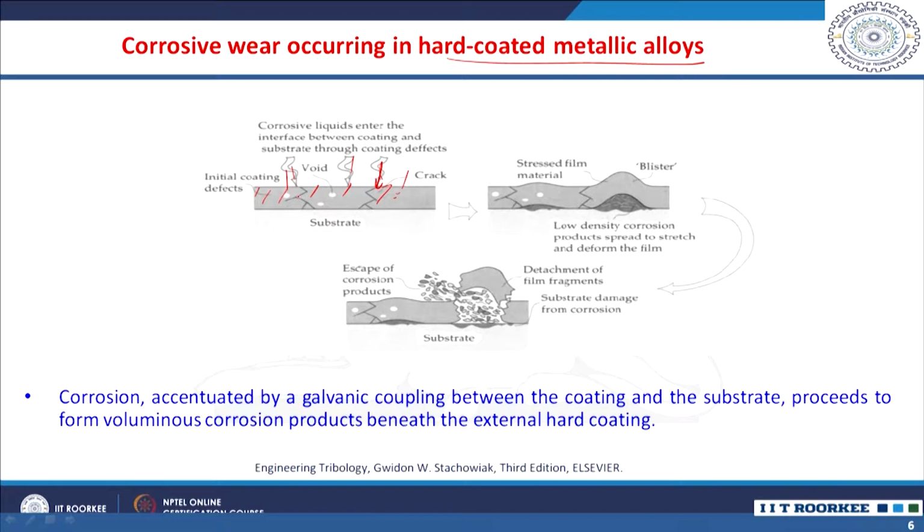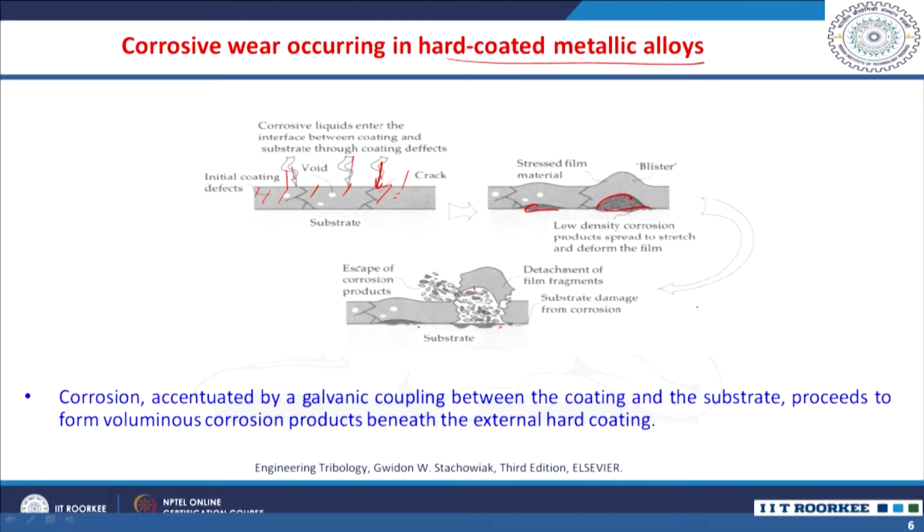The corrosion products, being less dense, easily spread. Because of this easy spreading, the coating is stretched and even deformed, and it may even lead to fracture, right. So, the detachment of the coating comes out, and then substrate damage leads to a corrosion increase.